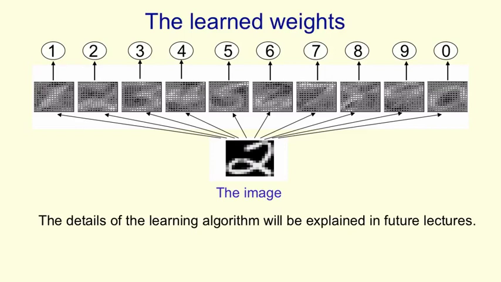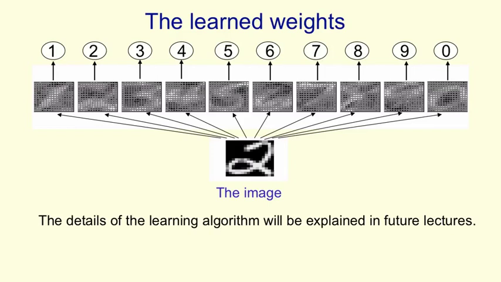I'll talk more in future lectures about the precise details of the learning algorithm, but what you can see is the weights now look like little templates for the shapes. If you look at the weights going into the 1 unit, for example, they look like a little template for identifying ones. They're not quite templates.